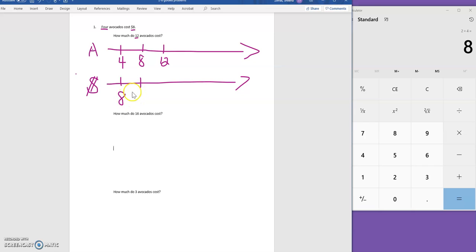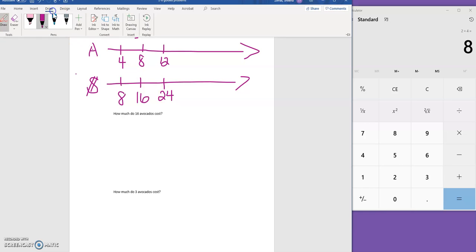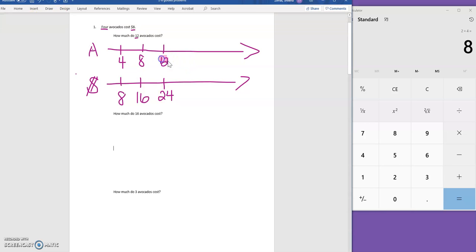For this one, I'm counting by 8s, so 8 times 2 and 8 times 3. So the answer in this problem is, if we have 12 avocados, the amount that is directly underneath it gives me a total of $24.